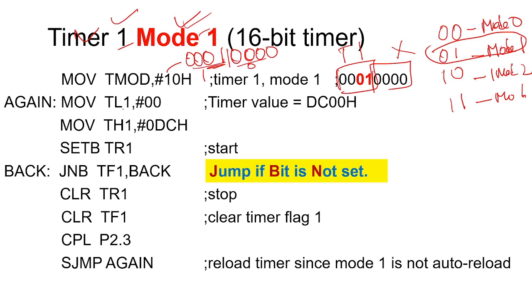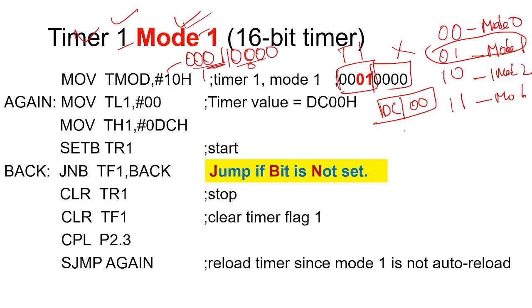The second instruction is MOV TL1, #00. So 00 is loaded in TL1 and DC is loaded in TH1. You can see the lower byte holds 00 and the higher byte holds DC. Now we have loaded, but the timer has not started to count.